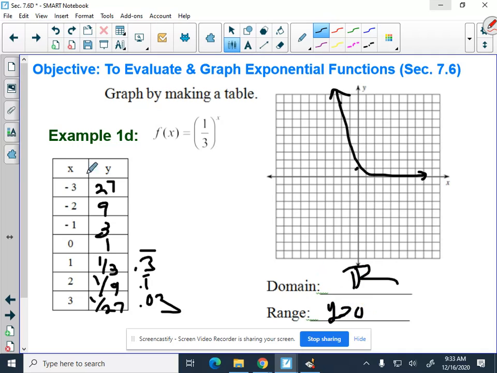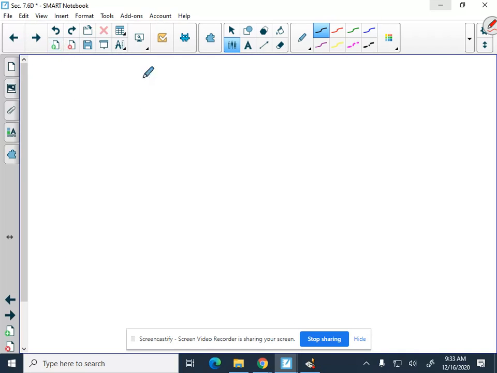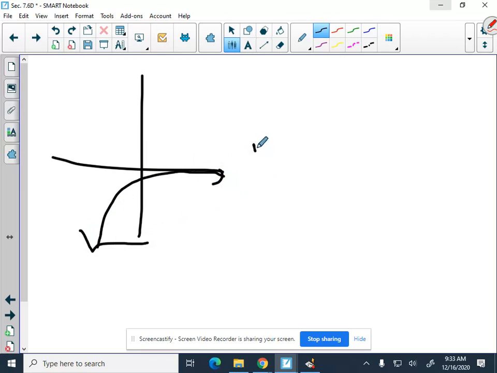Now, if we have one like this, the domain would be still all reals. But what's the range here? Y is less than 0 because it's below the line and they're all going negative. Okay?